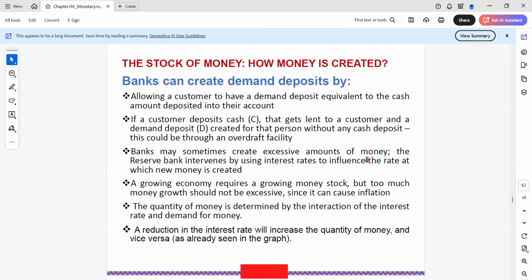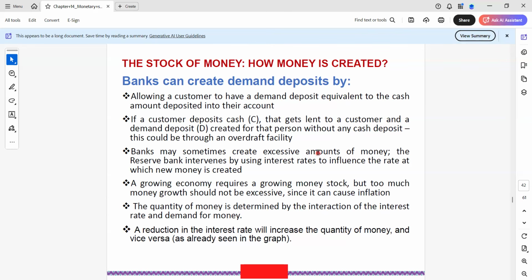Because they have an excess amount of money. And that will lead to what? To inflation and all of that. So the Reserve Bank would want to do what? To regulate that excessive amount, to regulate the money supply in the economy. In that case, they would want to do what? To reduce the supply of money, because the banks have excess money.